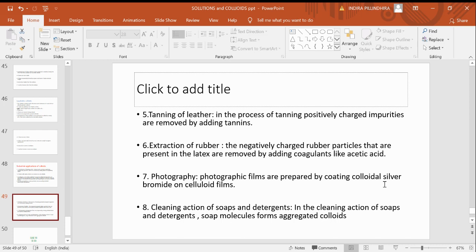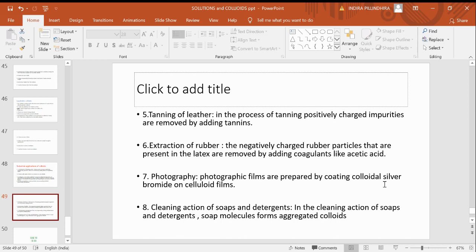So as we know that when we apply the soap, then all the dirt particles or the mud particles will be separated out by the action of this soap. Okay, so the molecules form the aggregated colloids. Okay. So these are all the applications of the colloids. With this, we have completed the topic colloids also. Okay. So with this, we have completed this chapter.